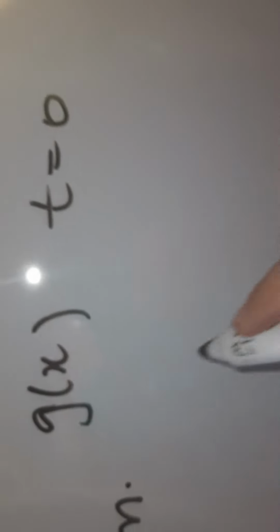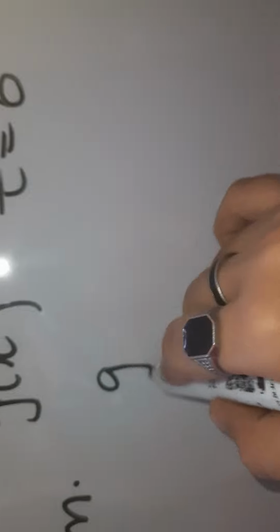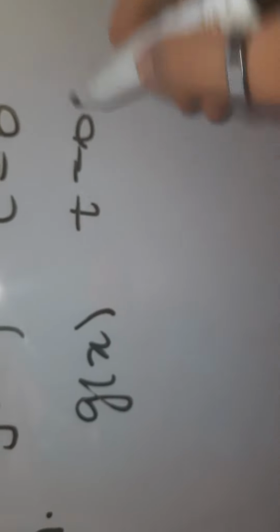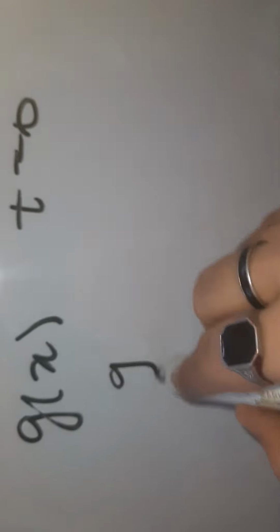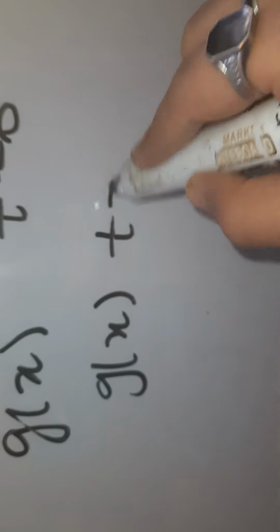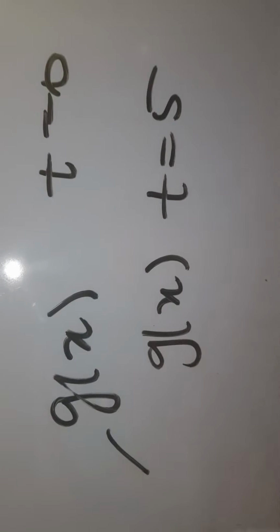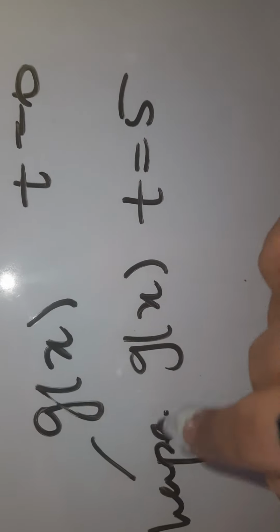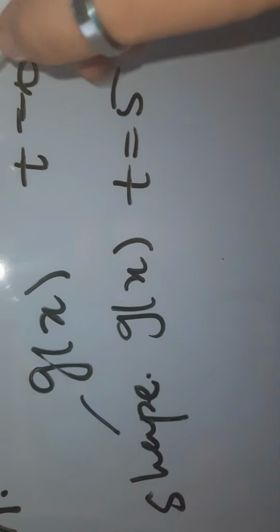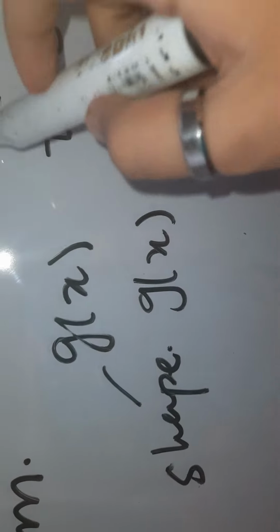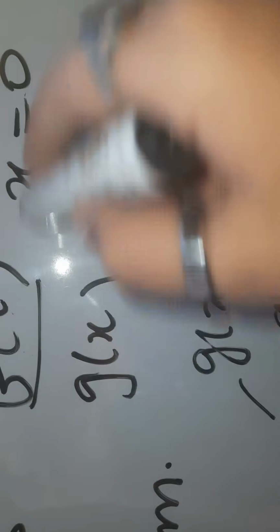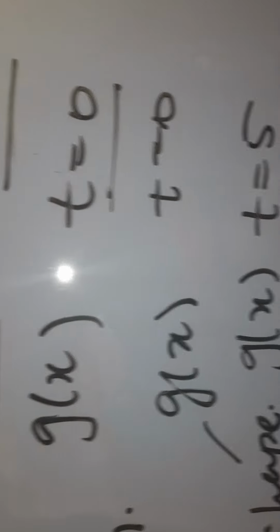And then you need to plot the shape of g of x at t equals 0, and plot the shape of g of x again at t equals 5. Wherever they give you g of x, it's related to shape always, and t will be equal to 0.